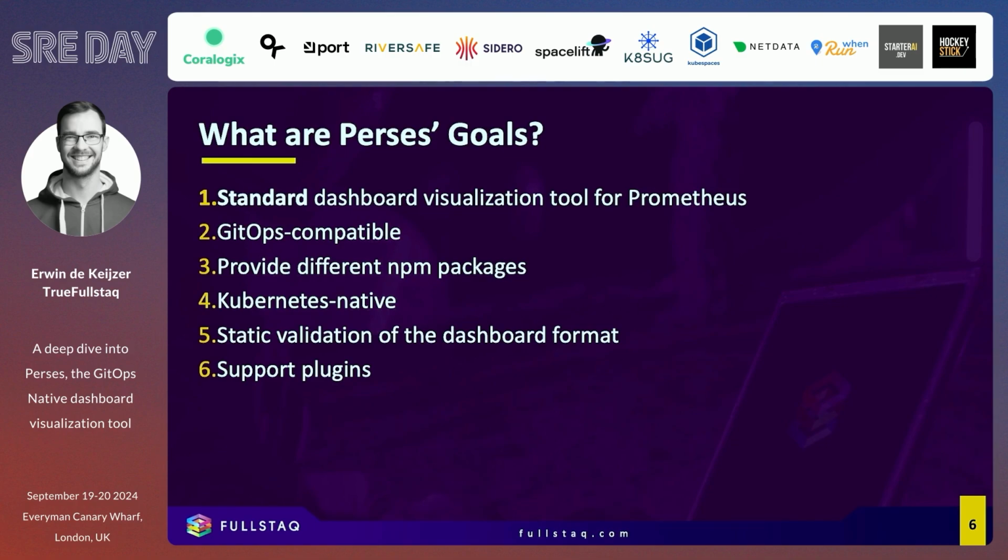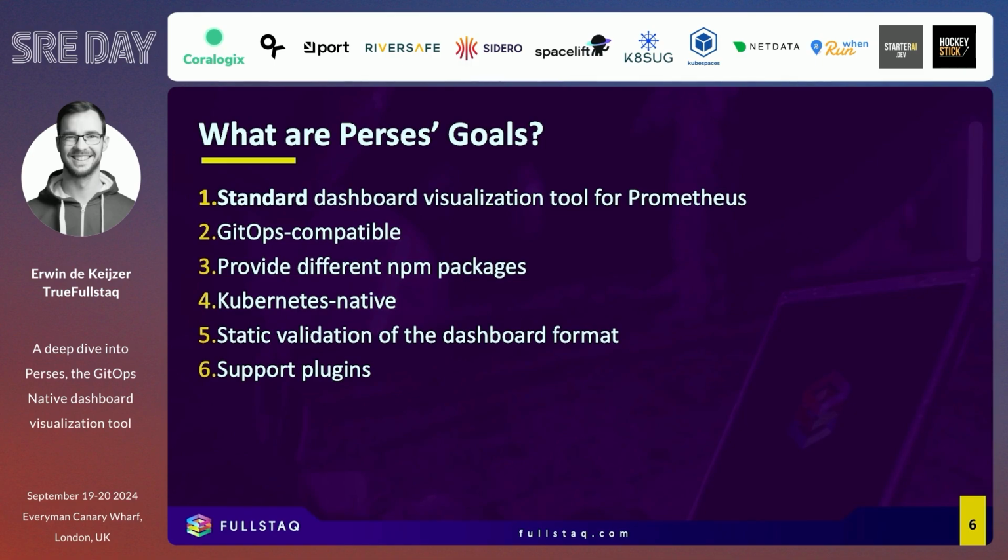They have adapted the same data model as Kubernetes. What they call a project relates to the Kubernetes namespace, and everything around that is modeled in the same way. It allows for static validation of dashboard format. So if you have a CI/CD pipeline that deploys dashboards, you can have static validation in that before you deploy it.